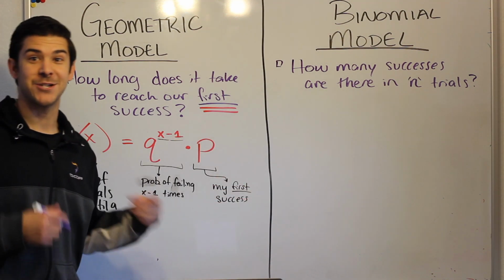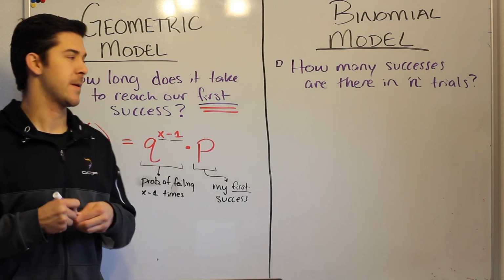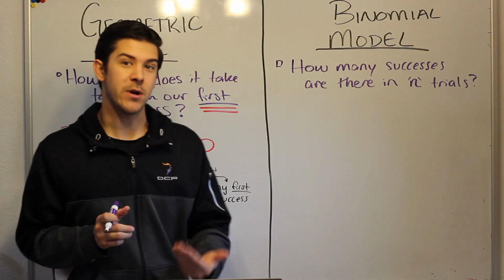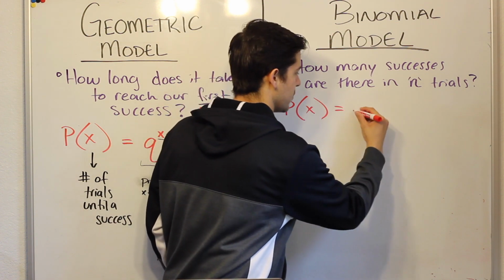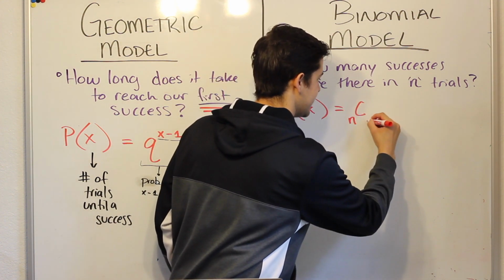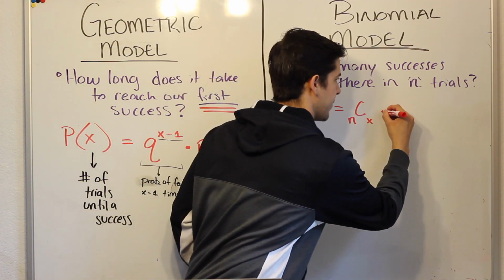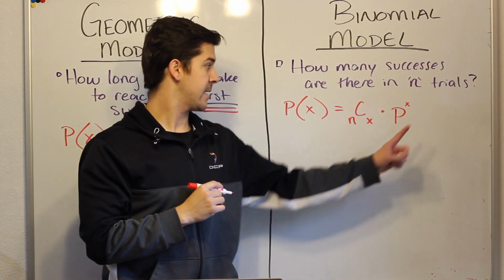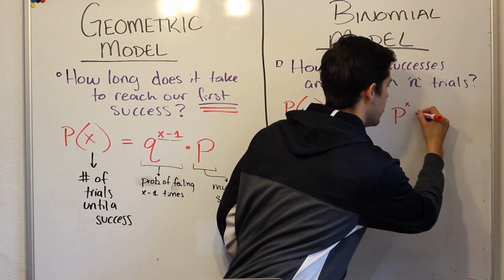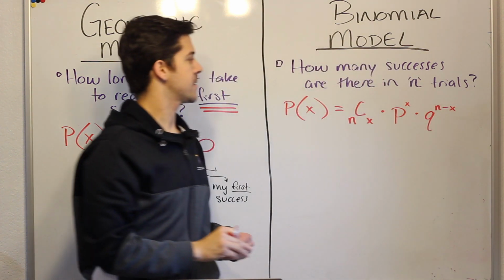The binomial model is actually a little bit more challenging, so we're going to take a second to break it down before we can actually continue forward. In the ebook, the equation for a binomial model, the probability of x equals nCx, these are both subscripts, multiplied with the probability of success happening x times, multiplied with us failing n minus x times.